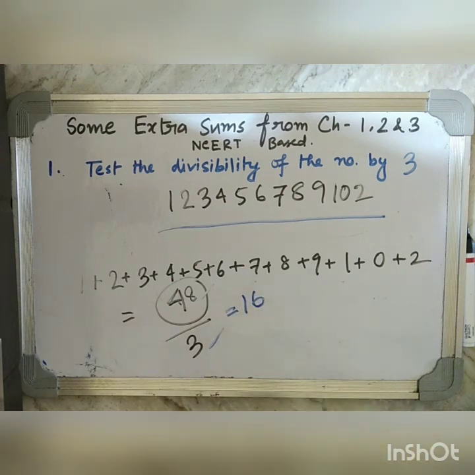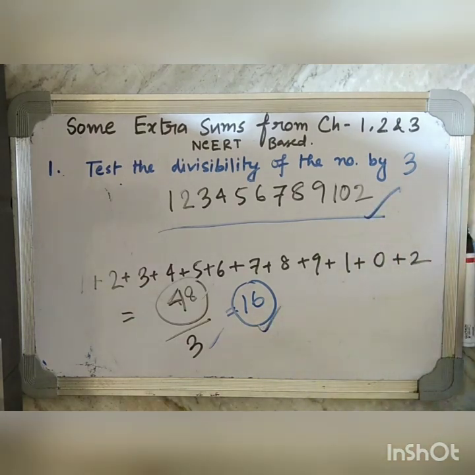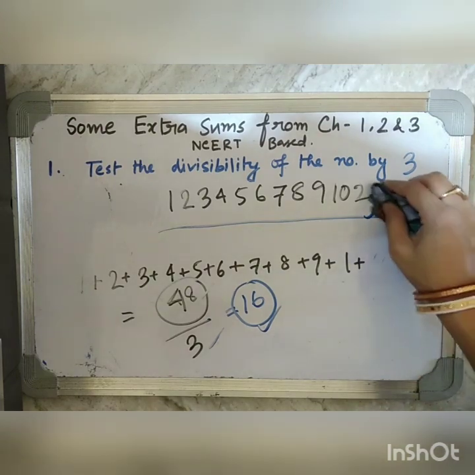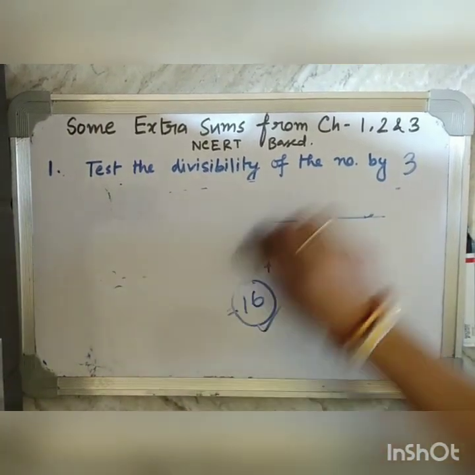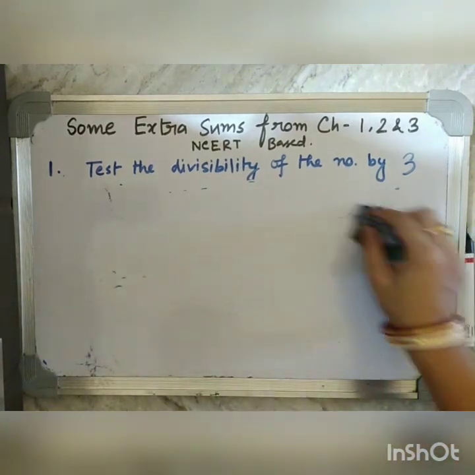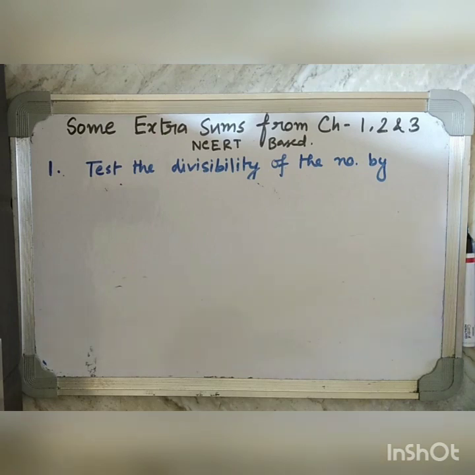And here we are not getting any remainder, only the quotient, without leaving any remainder. That's why you can say that this number is divisible by 3. If any remainder is left after dividing the sum of all the digits by 3, then we can say that the given number is not divisible by 3.